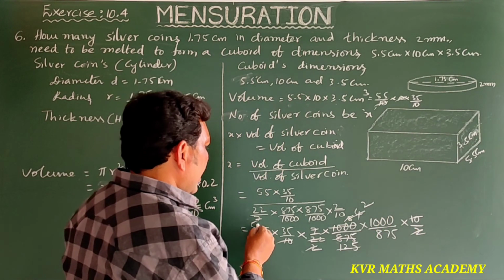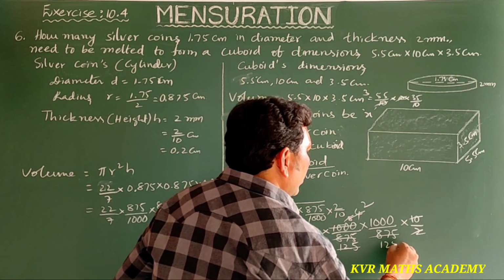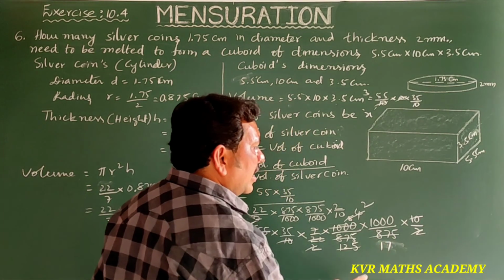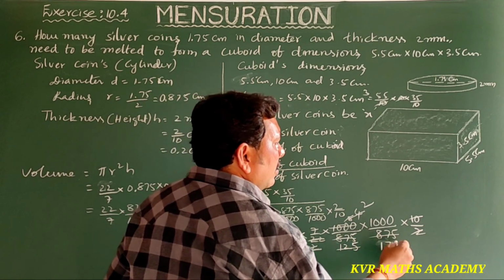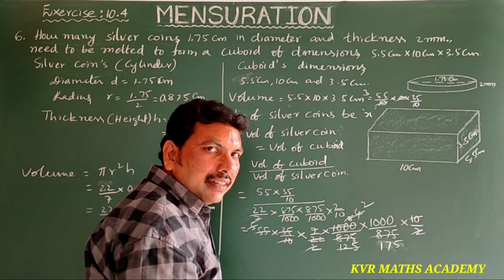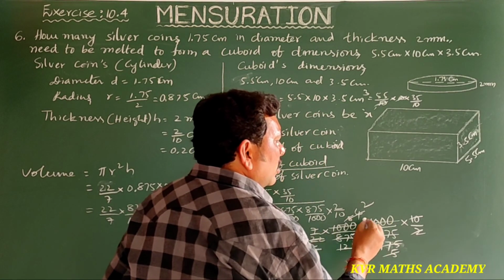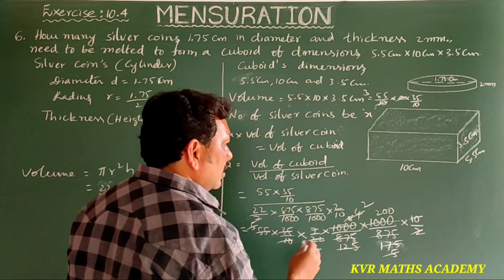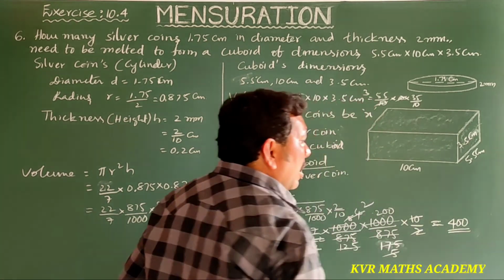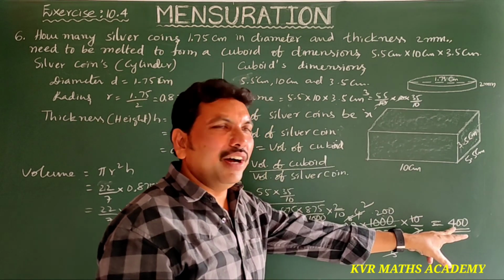Next 5 again in 875: 5 1s are 5, 5 7s are 35, 5 5s are 25. Next, 35 5s are 175. Next 5 in 1000, 200 times, gets cancelled. That is equal to 2 into 100, so 400. So the number of silver coins that should be melted to form this cuboid is 400.